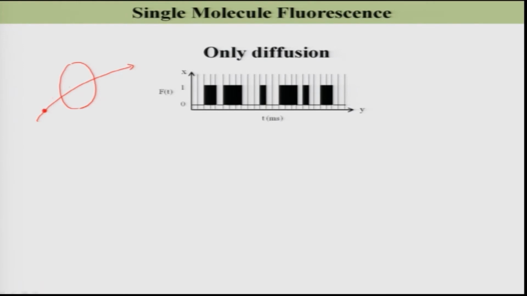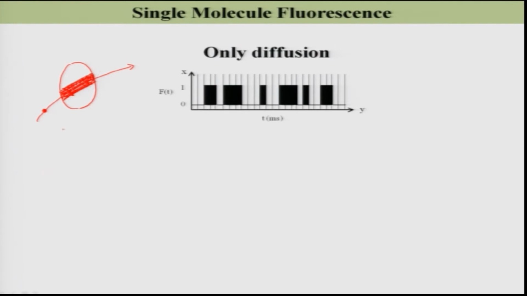Here the molecule is non-fluorescent. The molecule fluorescence will be detected only when it is present within this observation volume. Throughout this path, the molecular fluorescence will be detected, and the molecule will take some time to cross this observation volume.